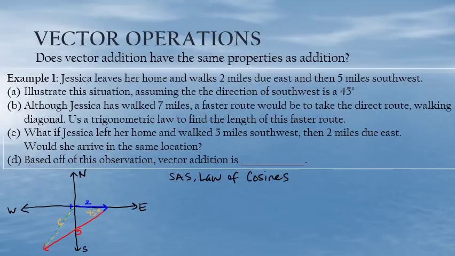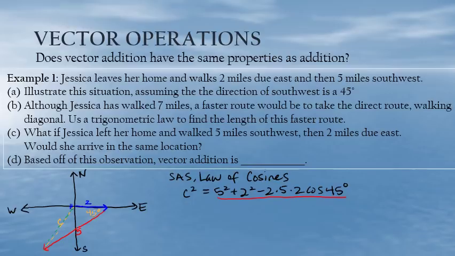So I'm going to say that c squared is equal to 5 squared plus 2 squared minus 2 times 5 times 2 times the cosine of the angle across from C, which is 45 degrees. Now, you can go ahead and put this entire right-hand side into your calculator, or you can try to do it on your own.